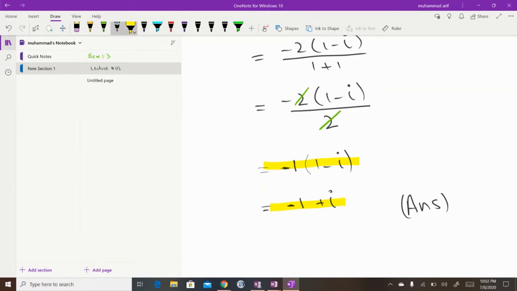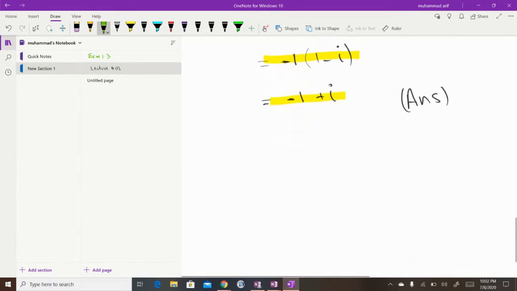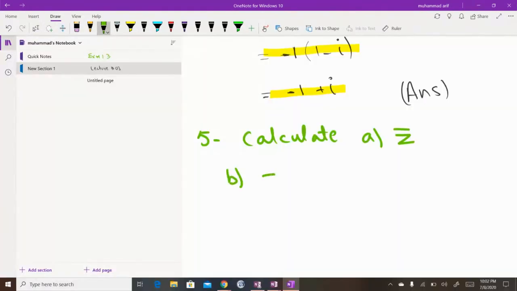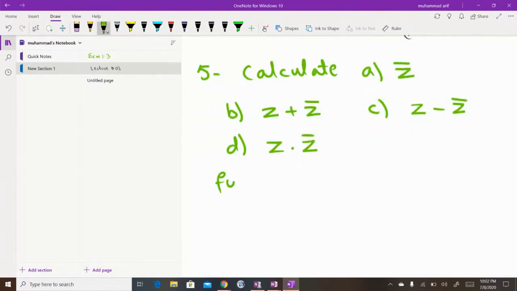The next question is question number 5. In question number 5, we have to calculate: A part is Z conjugate, B part is Z plus Z conjugate, C part is Z minus Z conjugate, and the last part, D, is Z into Z conjugate, for each of the following.